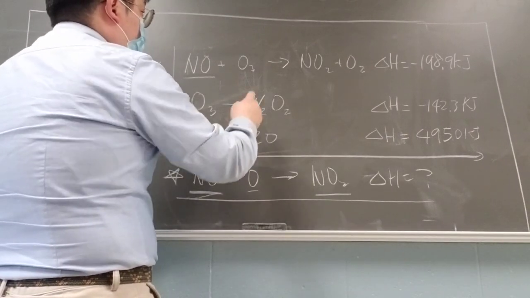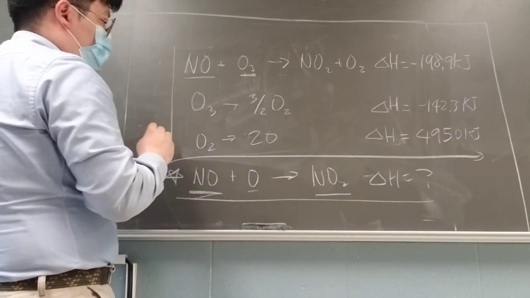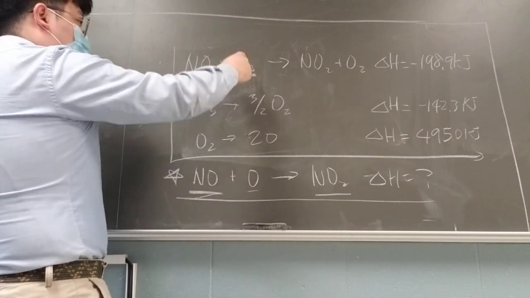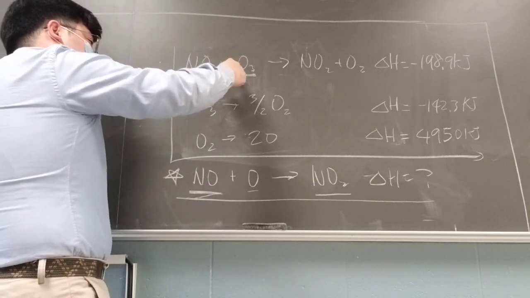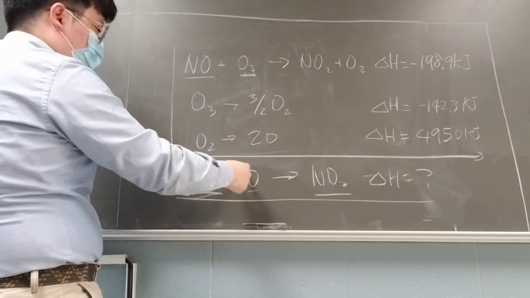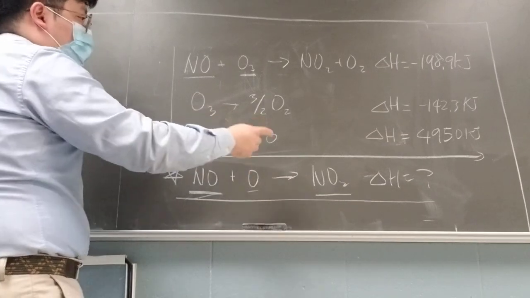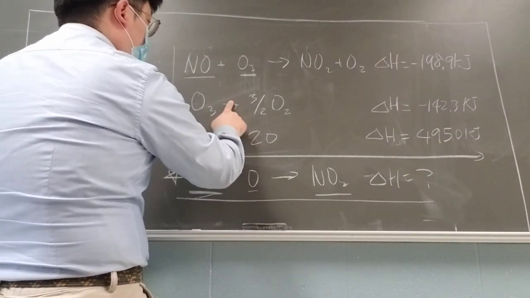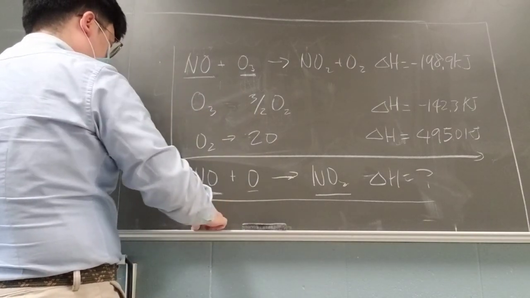Also, if you look at this O3, ozone, it is not here, but we have one on here. So if you just add these two together, you're going to have a 2O3, which we don't have. So what I'm going to do is flip this one.